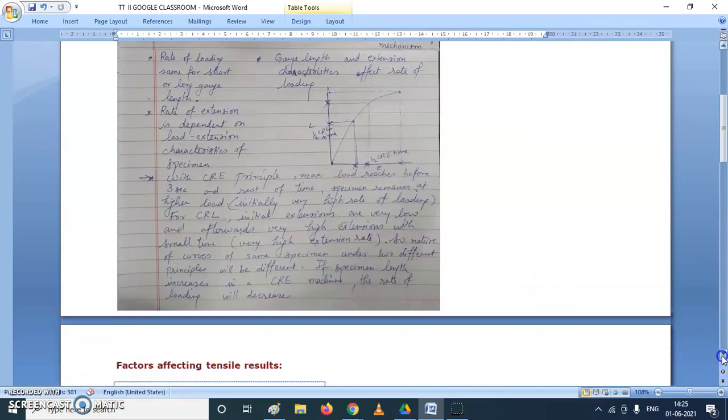But in case of CRL, initial extensions are very low and afterwards very high extension within small time is there. So the nature of the curves of the same specimen under two different principles will be slightly different. This is very nicely given in the book. You must read, and if there is any confusion, you may contact me, please.